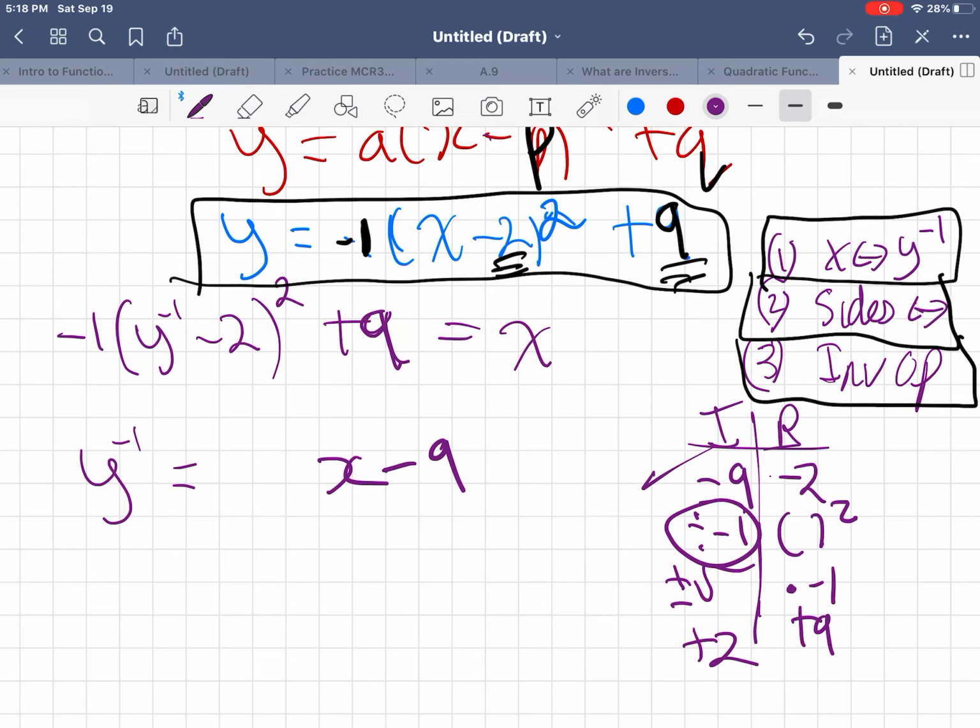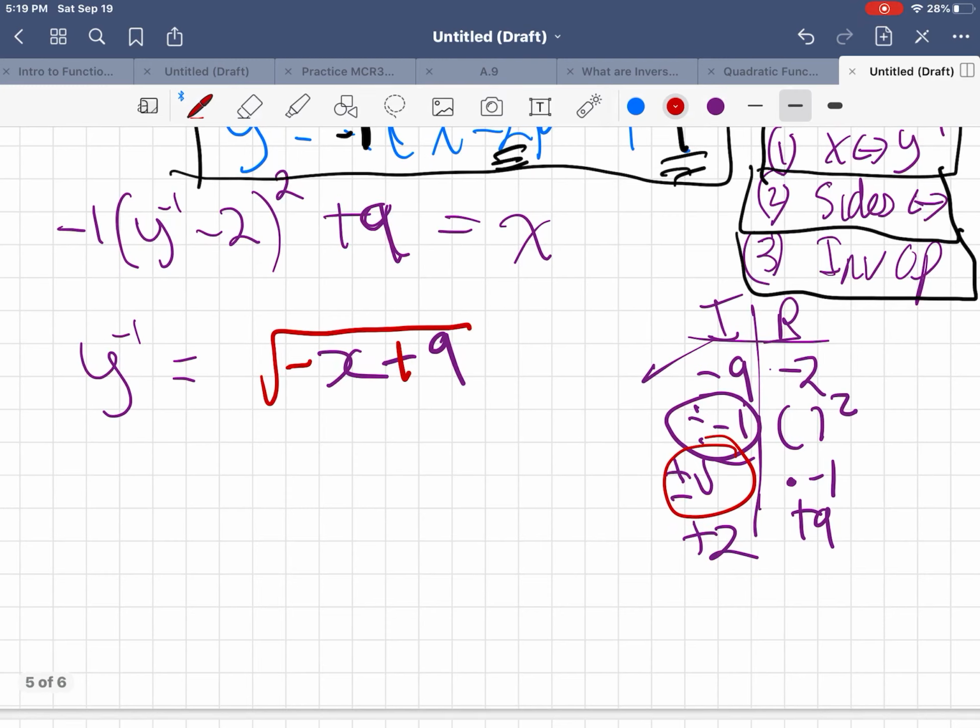X divided by negative 1 is negative x. It just changes the sign. So what I can do is just make that negative x plus 9. Okay, negative x plus 9. And now what I do is plus and minus square root. Finally, I do plus 2. I have to remember the plus and minus of the square root.